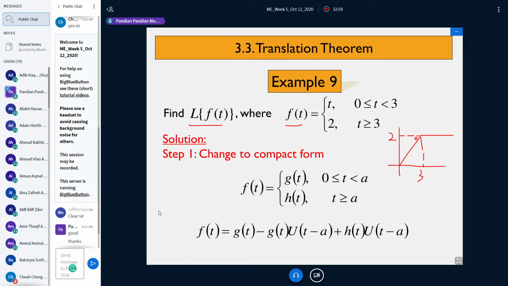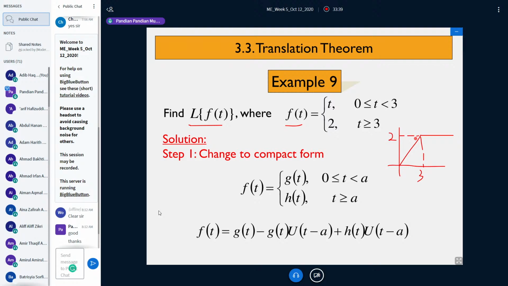Of course, you can use the original definition for the Laplace, because Laplace is defined from 0 to infinity. So for this piecewise, 0 to 3 plus 3 to infinity, using the formula integral of e to the minus st f(t) dt, chapter 3, section 3.1. But we are not going to use the original formula. It is another way of doing it.